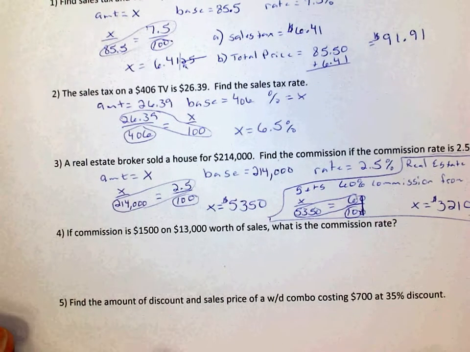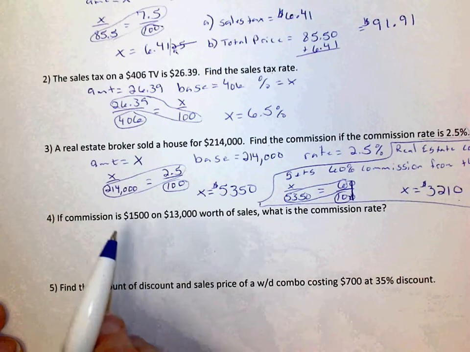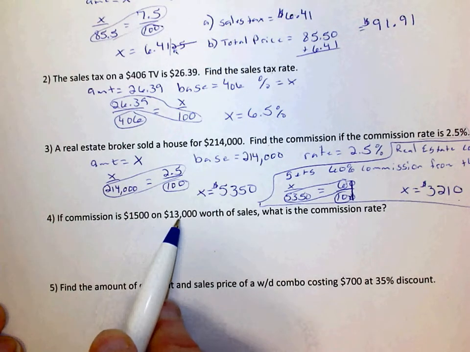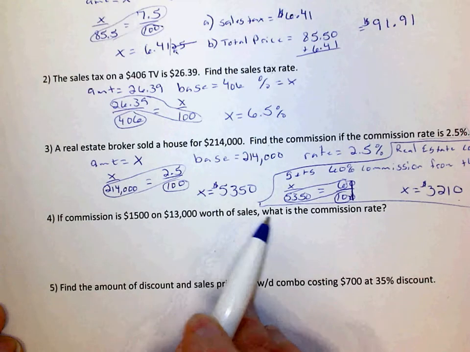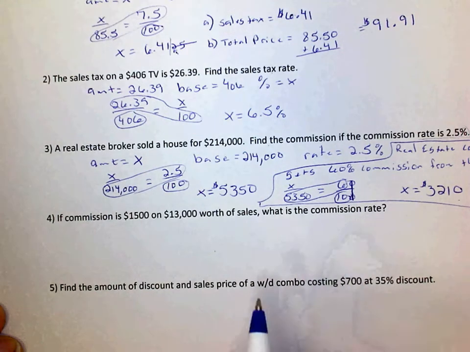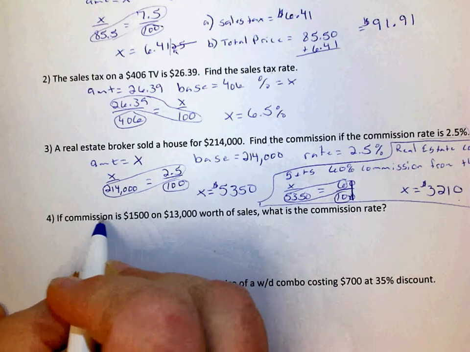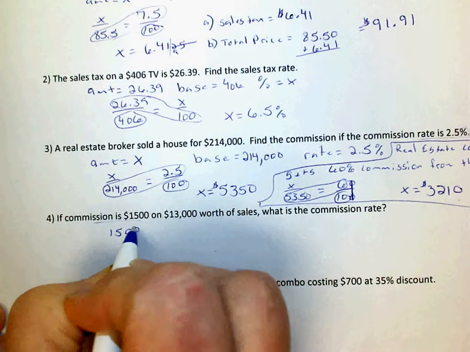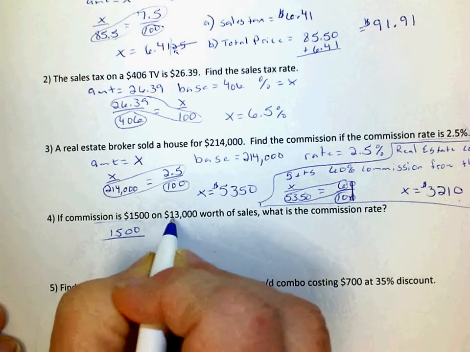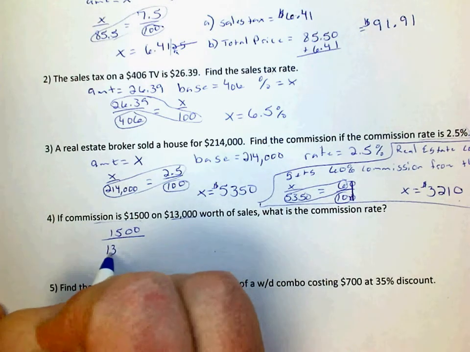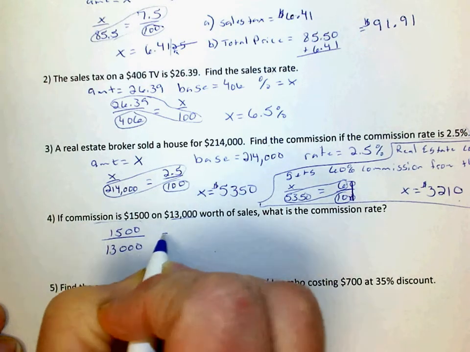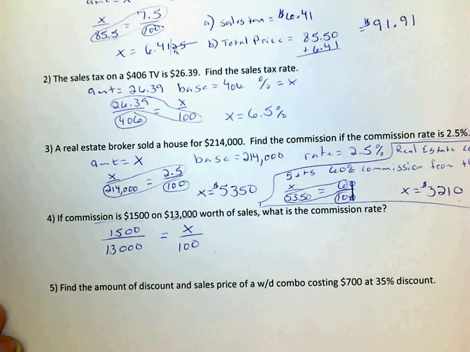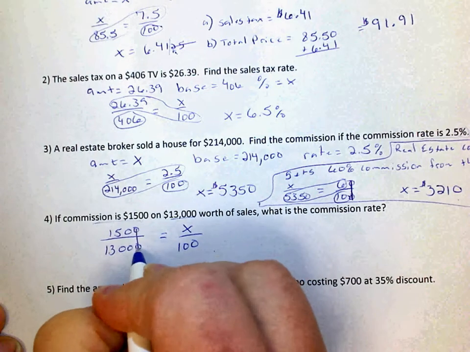Now, if commission is $1,500 on $13,000 worth of sales, what is the commission rate? So the amount of commission is amount, so I'm going to start shortcutting, divided by your base equals your percent over 100. And again, I'm going to use that shortcut again. Chop, chop.